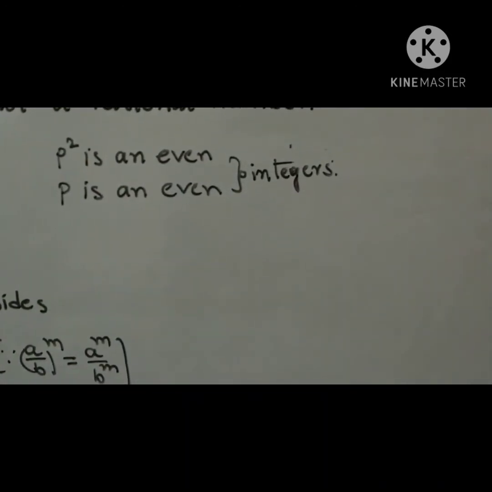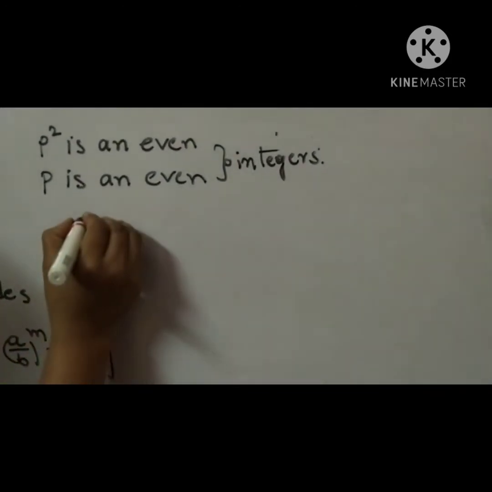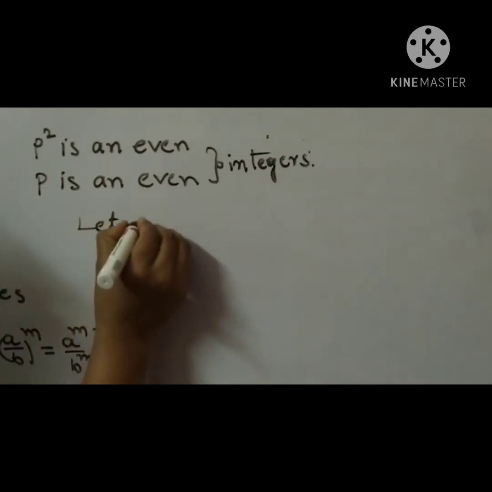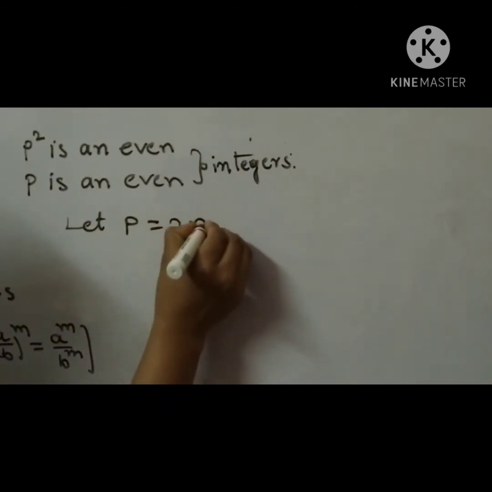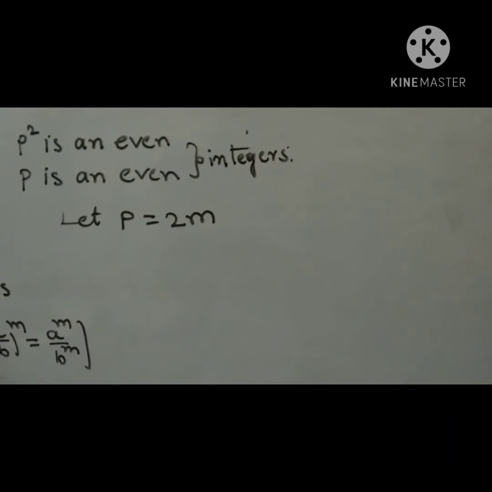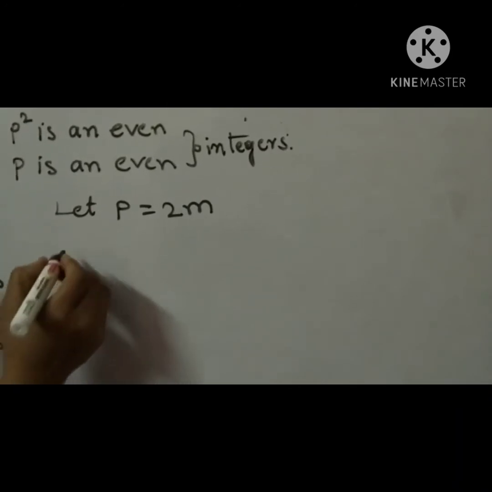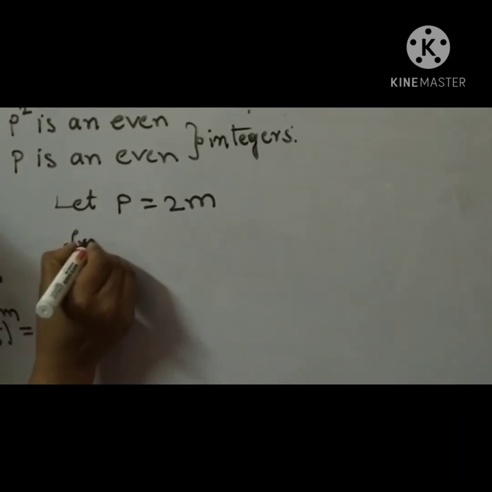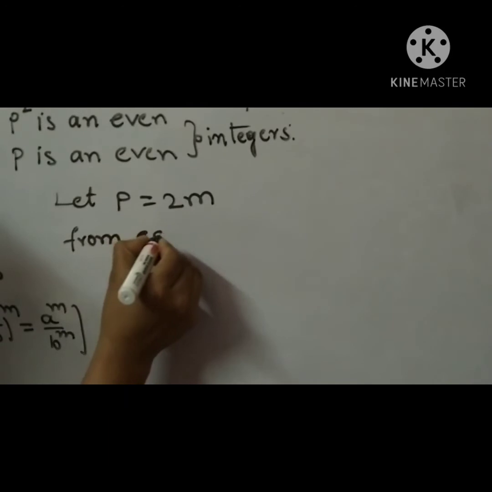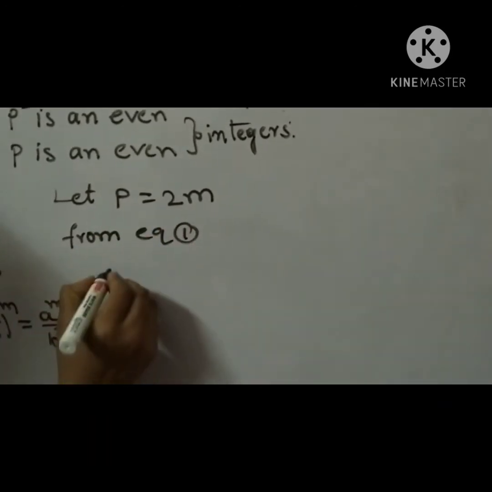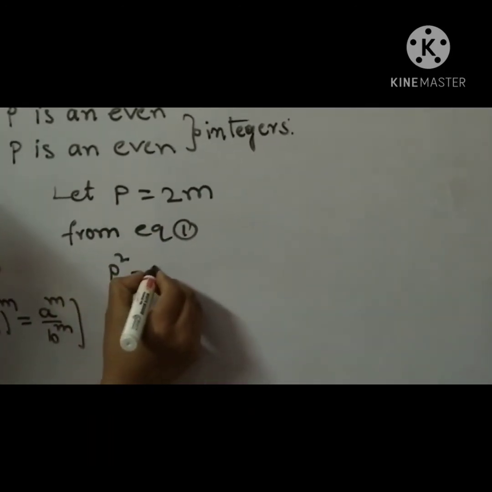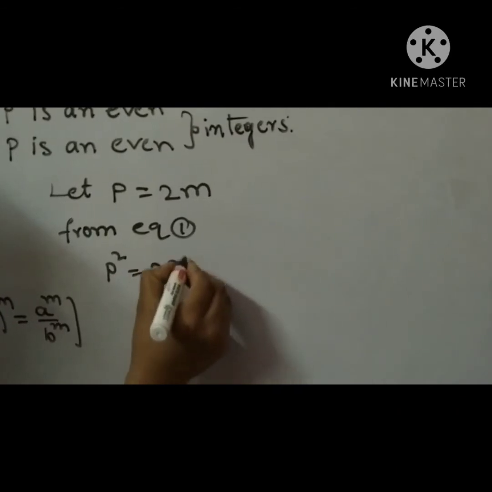Okay children, next, let p equal 2m. Then substitute in equation 1. From equation 1, p square equals 2q square.